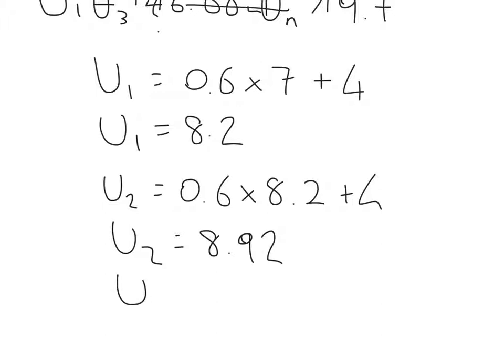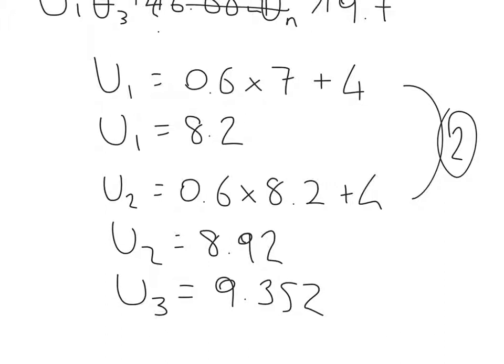By then pressing equals in the calculator after having entered the pattern of the recurrence relation twice, the calculator will recognise it's a recurrence relation. So u3 then will be 9.352.